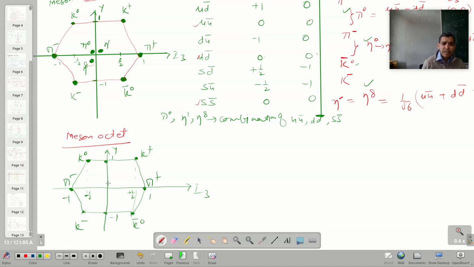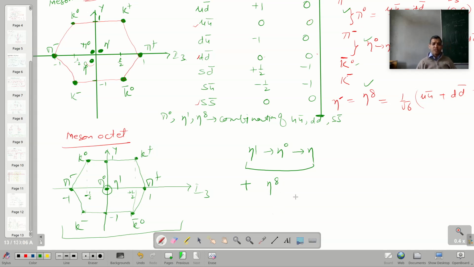It is pi naught and it is eta 1. These all are represented, and sometimes eta 1 can be written as eta naught or eta, right? And this is the meson octet, and eta 8 can be represented separately like this.